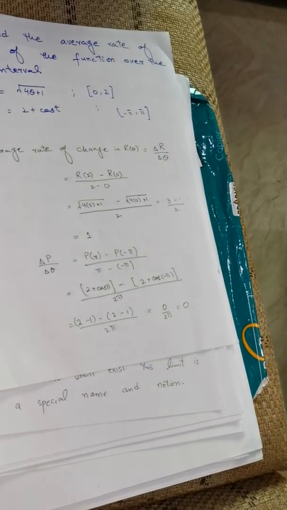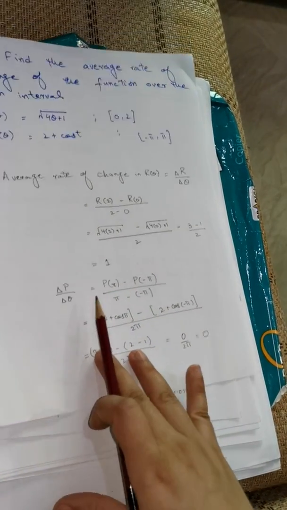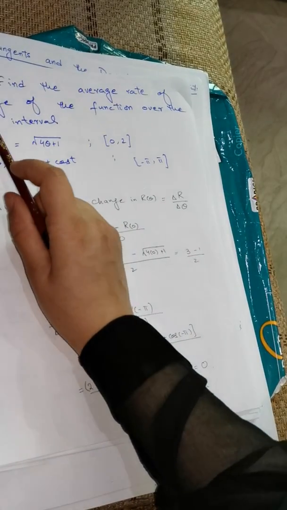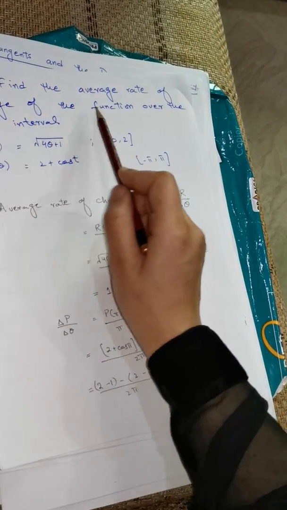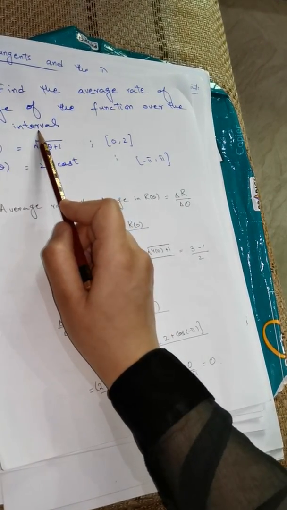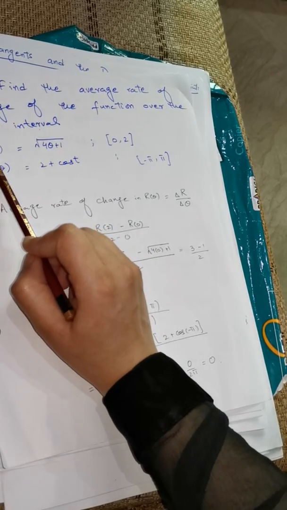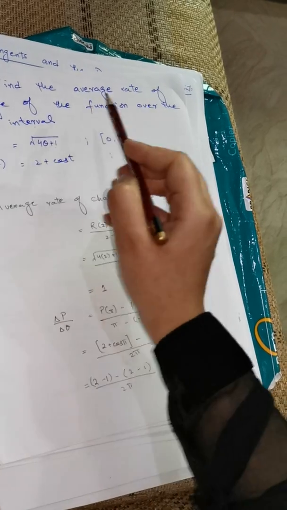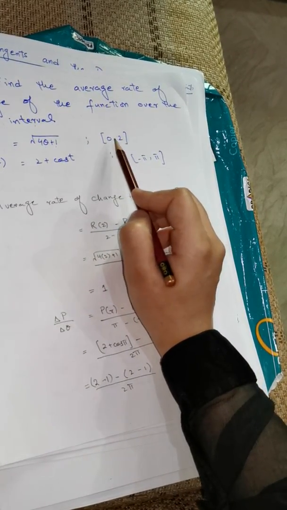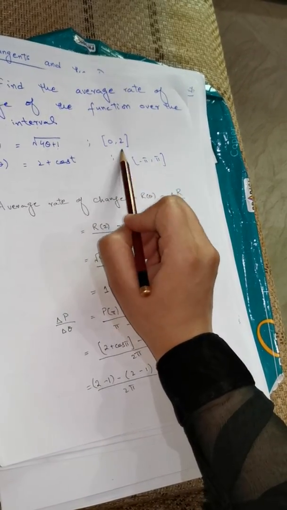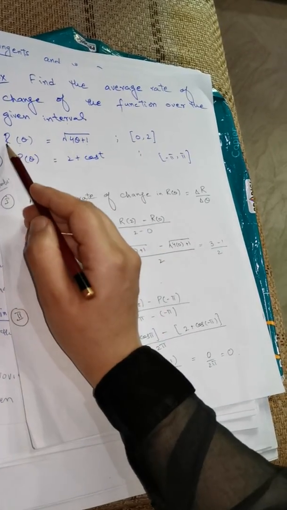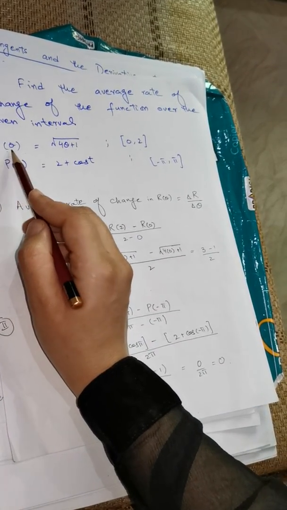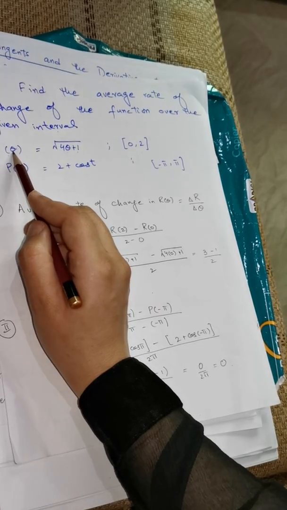So come to the exercise part. Find the average rate of change of the function over the given interval. r of theta is equal to 4 theta plus 1. Sorry, in this case this one is not the time interval. Here the dependent variable is r and the independent variable is theta.